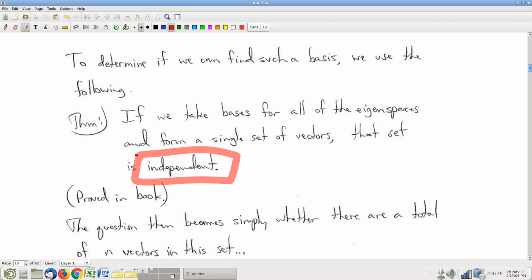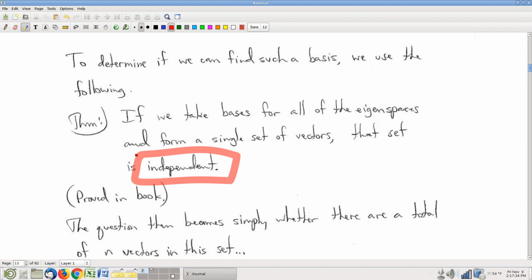If you find a bunch of eigenvectors for one eigenvalue, and then you find a bunch of eigenvectors for another eigenvalue, we always find linearly independent sets, right? Well, how do I know that the complete collection as a whole is still independent?